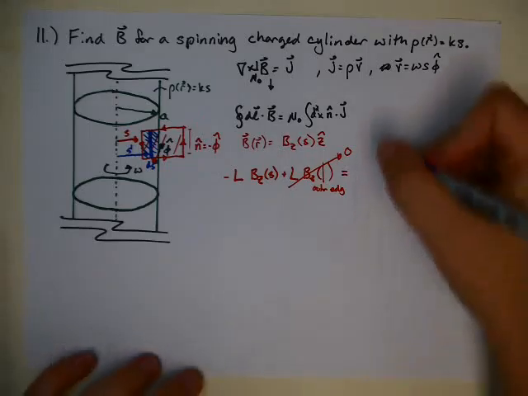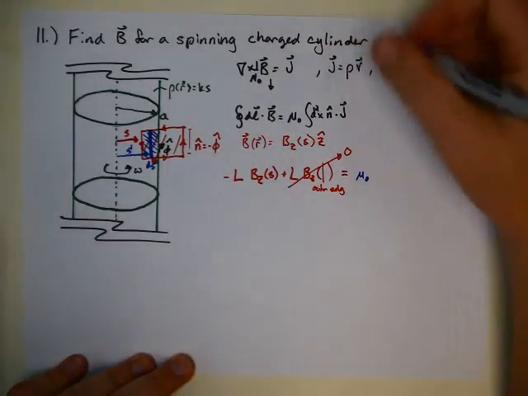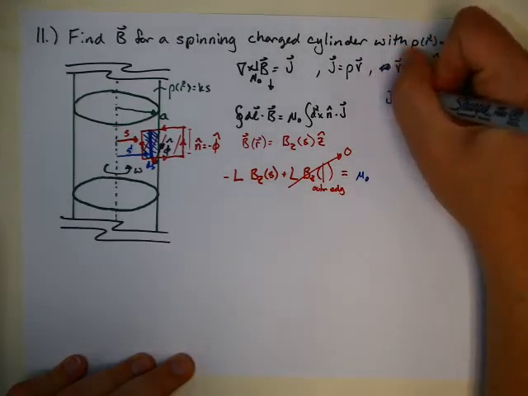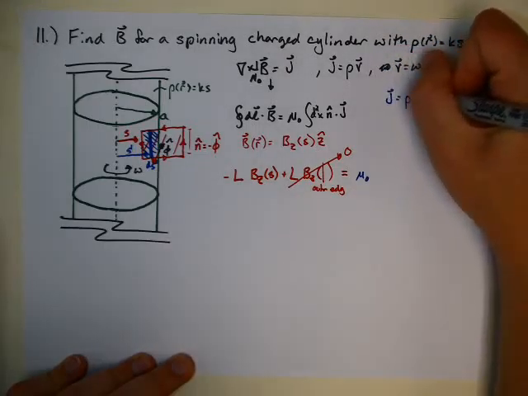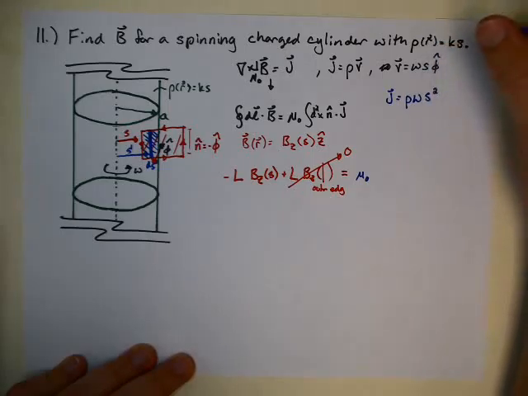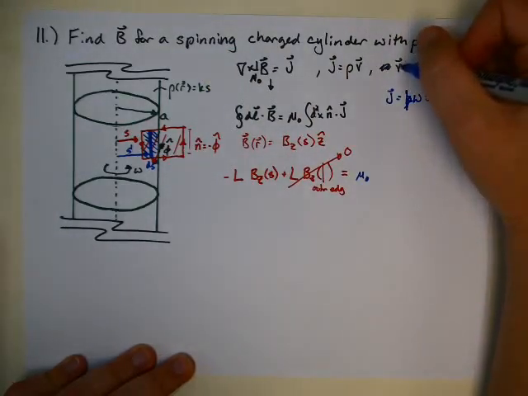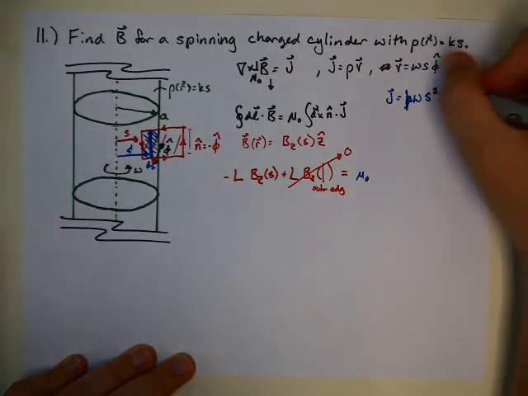Now for the right-hand side, we're going to get mu naught. When I plug this in here, I see that my J is equal to rho omega s squared, right? Because I have ks for rho, so I have k omega s squared, with ks and then the velocity is omega s in the phi hat direction.